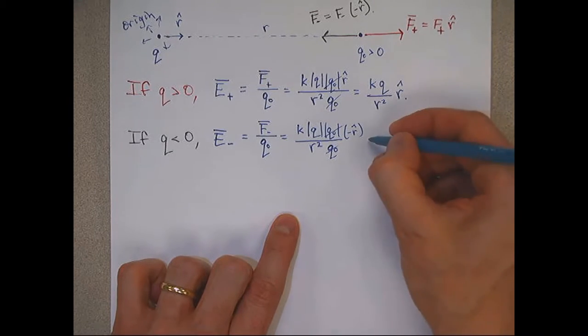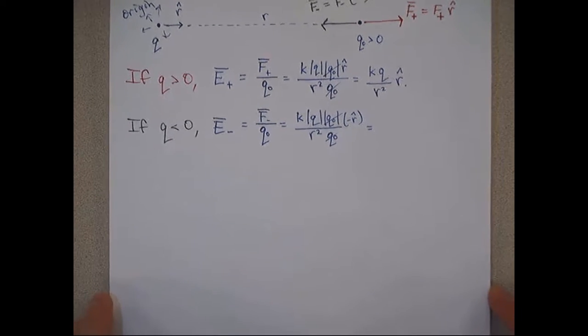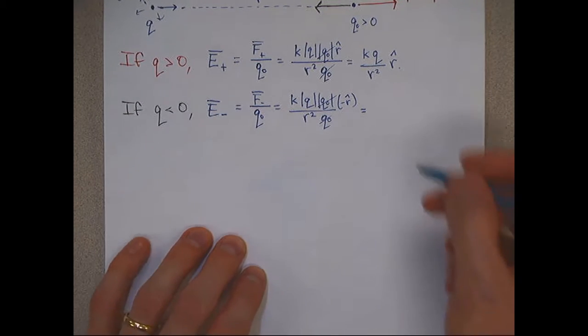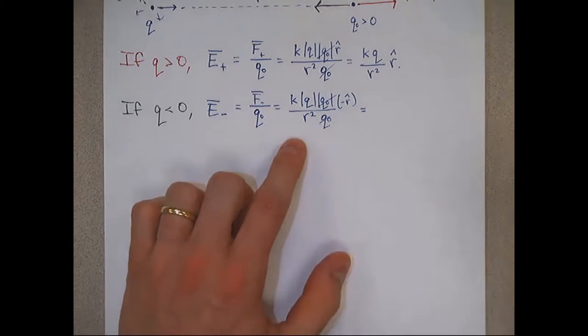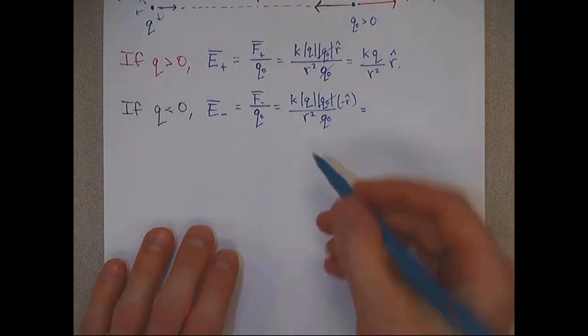But now, what is the absolute value of Q when Q is negative? You should stop and think for a moment. The absolute value of Q is negative Q. If Q is, say, minus 3 coulombs, then its absolute value is plus 3 coulombs, and plus 3 coulombs is equal to the negative of negative 3 coulombs.